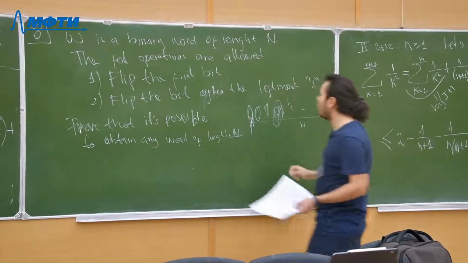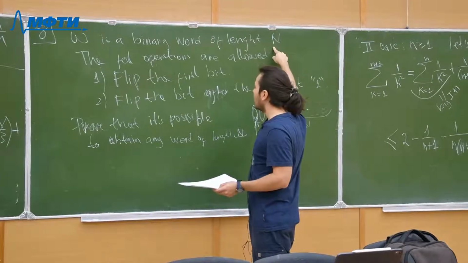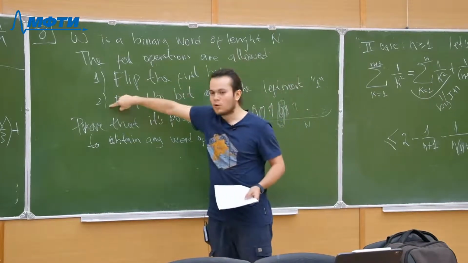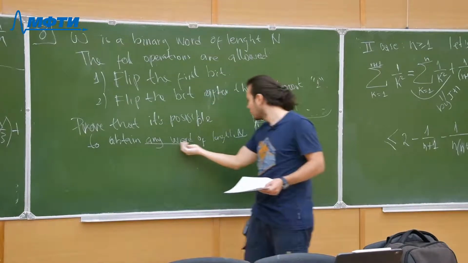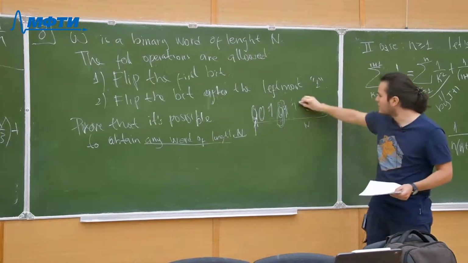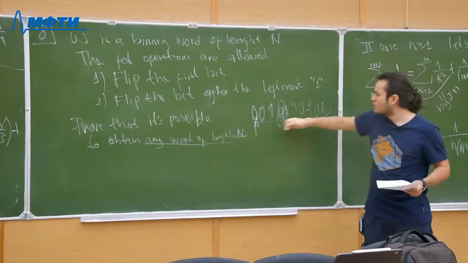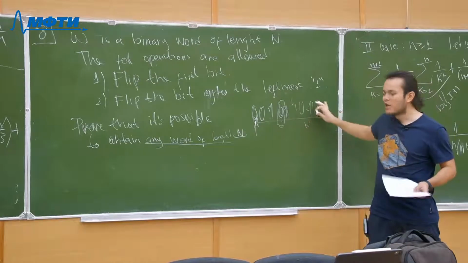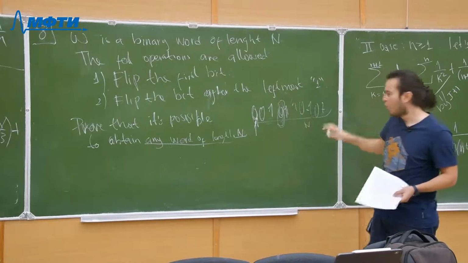So if we have a fixed word of length n, then applying only these two operations, we can obtain any word of length n. So if we have a fixed word here, then we can change whatever we want here. We can obtain any word from this one. Okay, and we have to prove this.